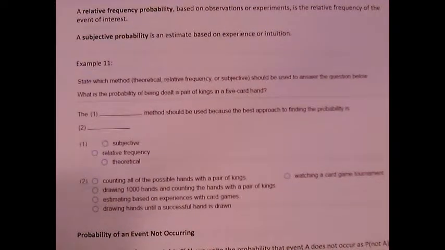Now, in example 11, here we're going to state which method, either theoretical, relative frequency, or subjective, should be used to answer the question below. What is the probability of being dealt a pair of kings in a 5-card hand? Now, in this case here, a relative frequency is not something like when you're tossing a fair coin a certain number of times here.